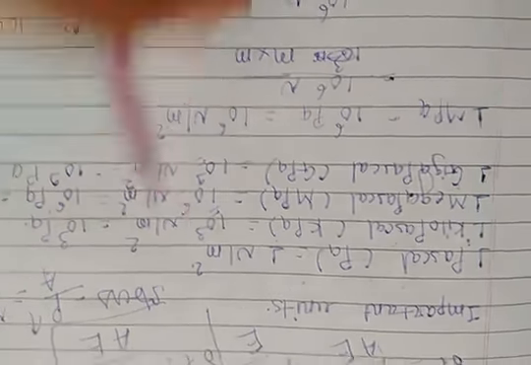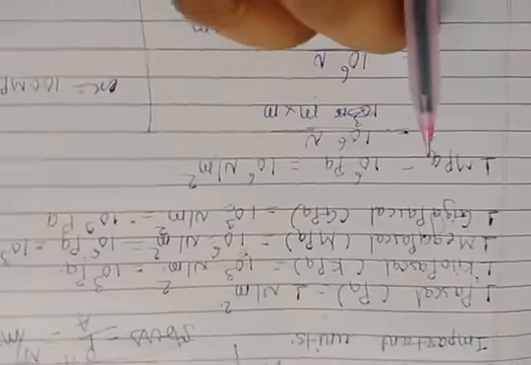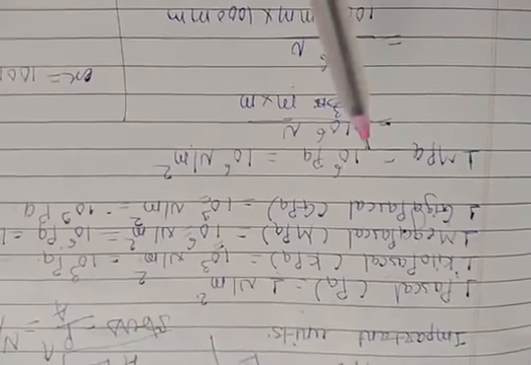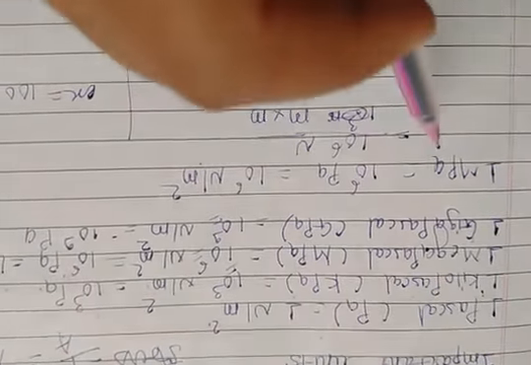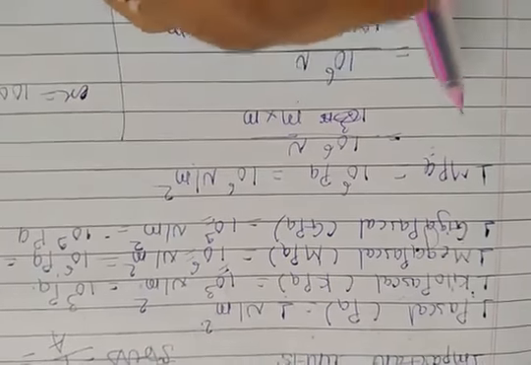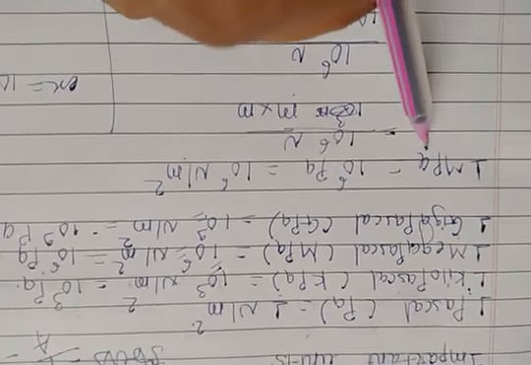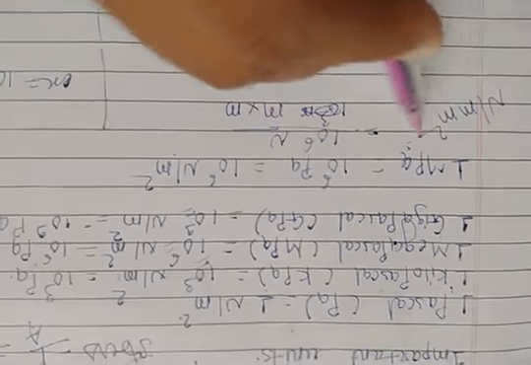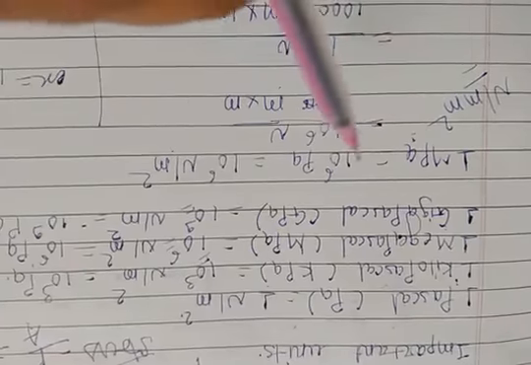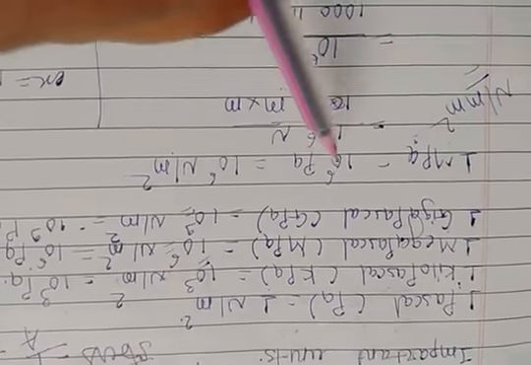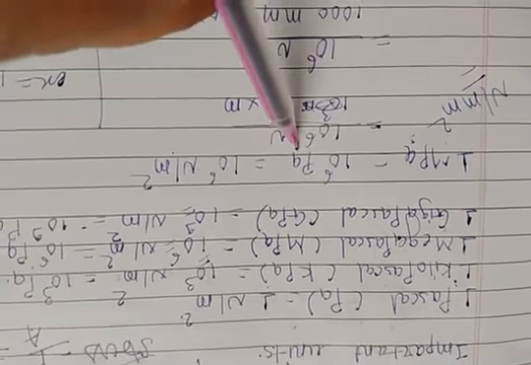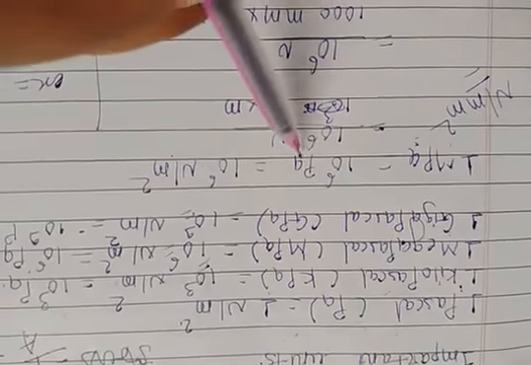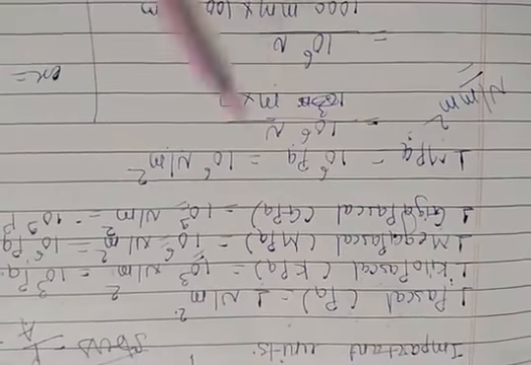In some examples, the stress is given in the numerical in megapascal, and you have to convert this megapascal into Newton per mm square. How is that converted? We know 1 megapascal is equal to 10 raised to 6 Pascal, but Pascal is nothing but Newton per meter square.